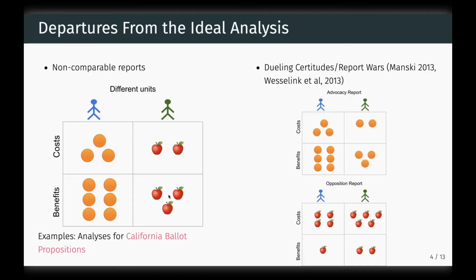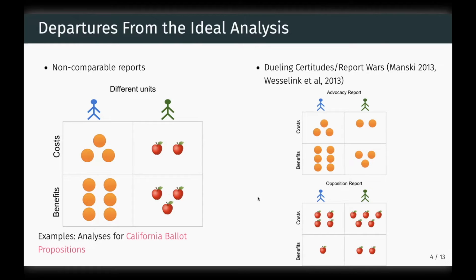It would be very hard to see a policy proposal and have two analyses studying the same costs and benefits and putting them in the same units.